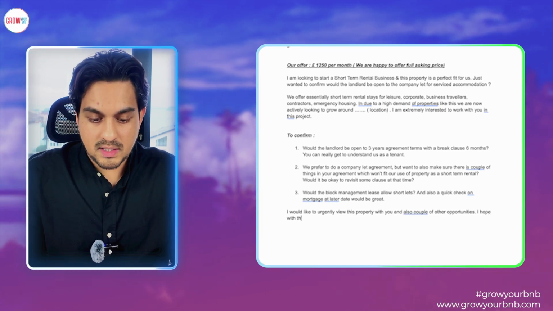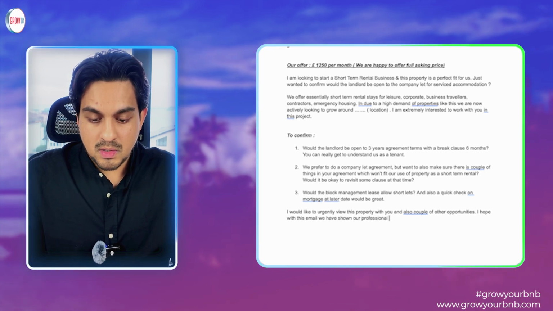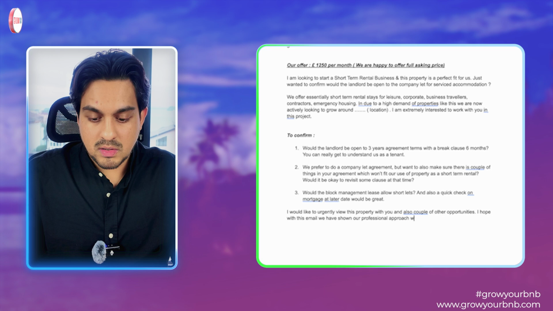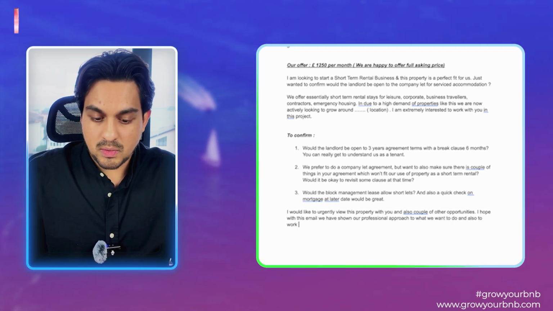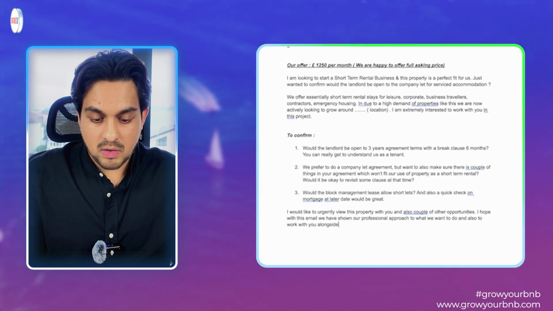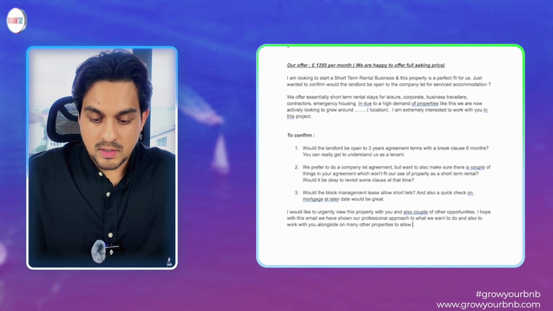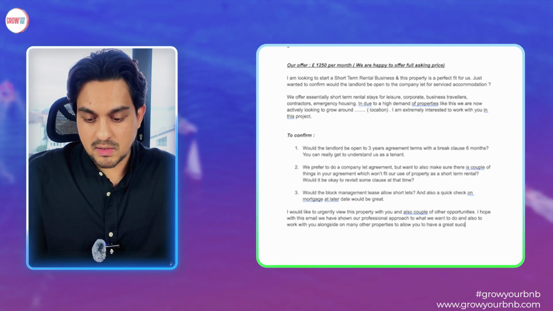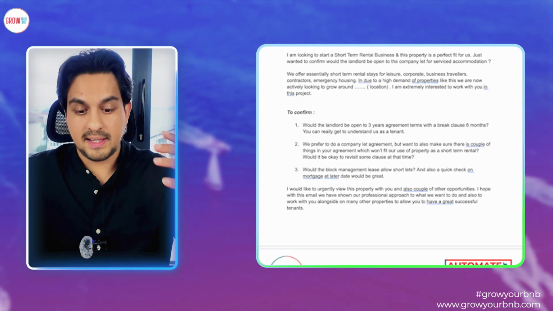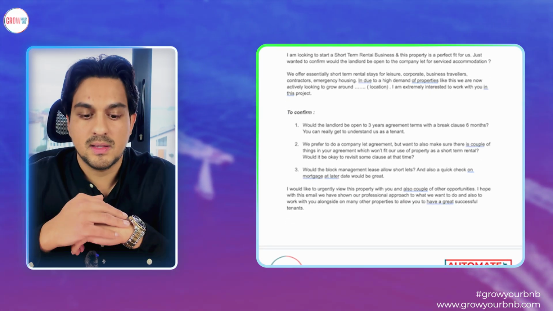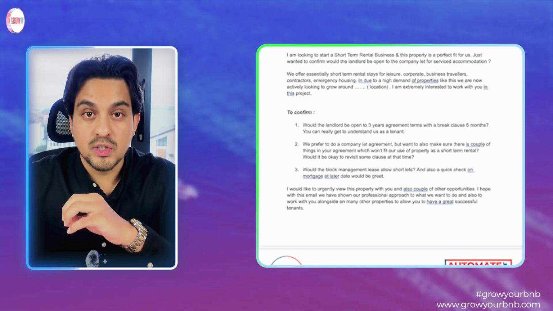I hope with this email we've shown our professional approach to what we want to do, and also to work alongside you on many other properties to have great successful tenants. And then, guys, you can talk about professional cleaning, all that kind of stuff, how well you're going to look after the property. But you can see here, guys, this is pretty much how you want to write the email.